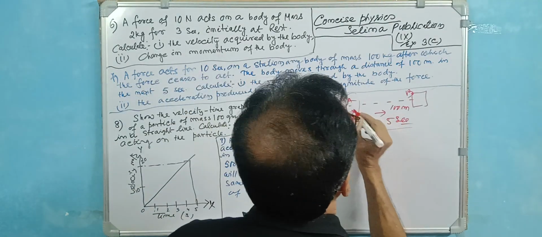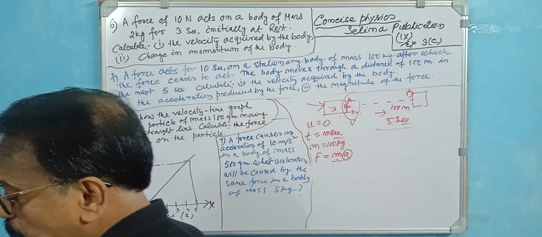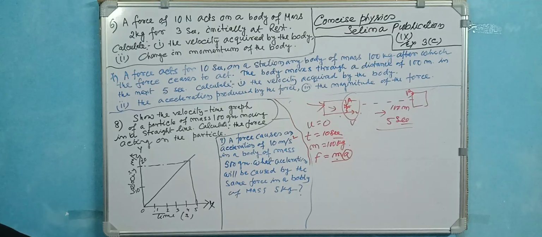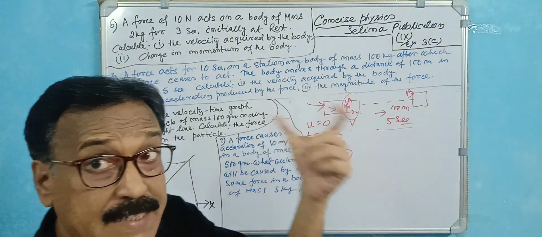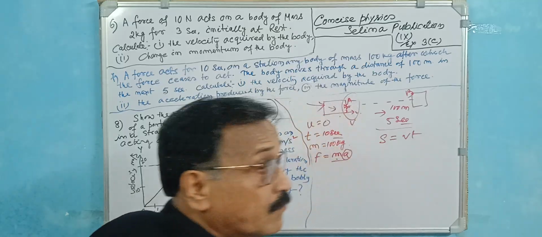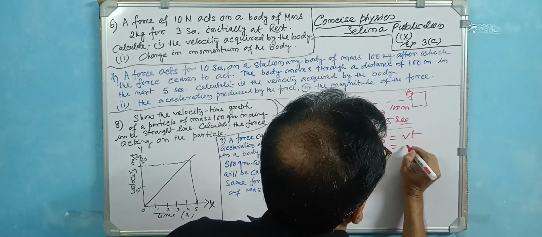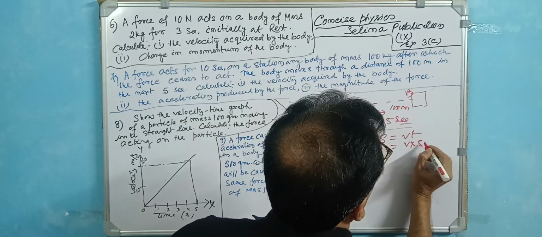What is the time here? You calculate V from here, because this is uniform velocity. The distance is s is equal to vt. There is no acceleration. This is 100 meters, for 5 seconds.